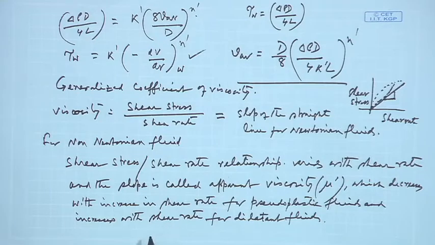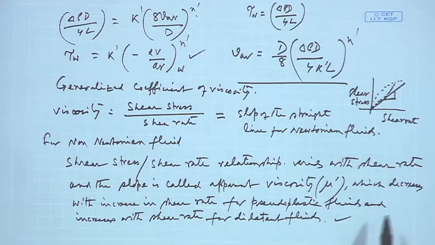To summarize, the relationship of shear stress to shear rate varies with shear rate, and the slope is called apparent viscosity, which decreases with increase in shear rate for pseudoplastic fluids and increases with shear rate for dilatant fluids, right.